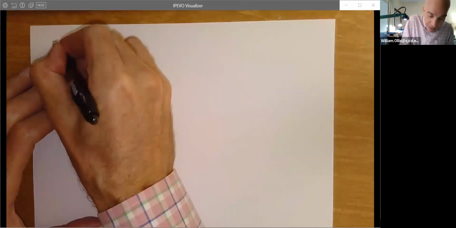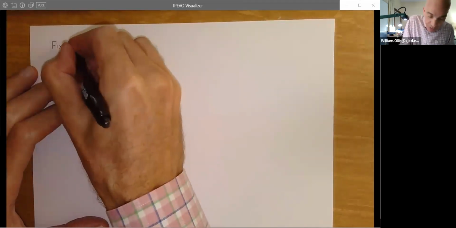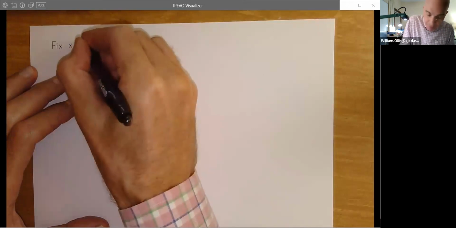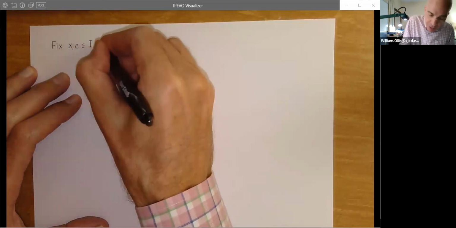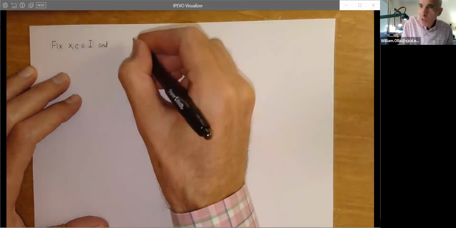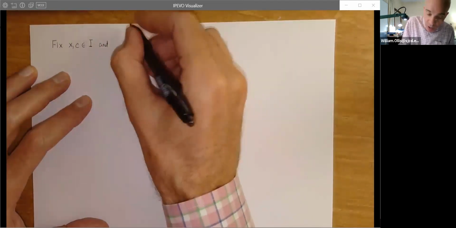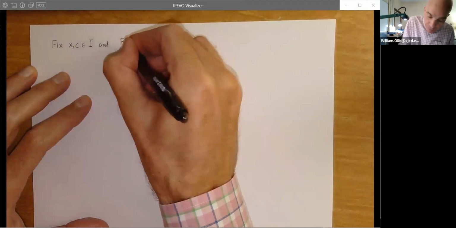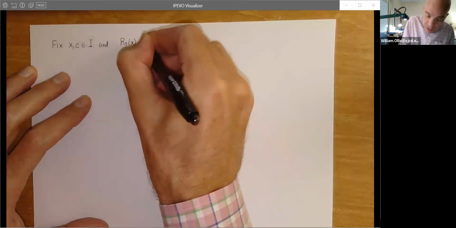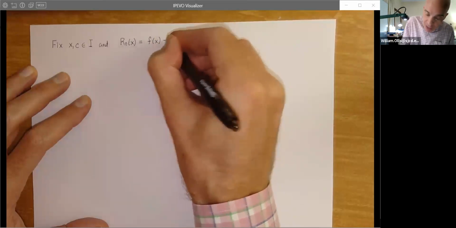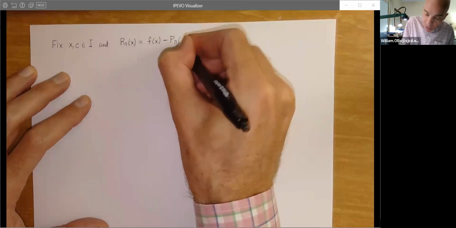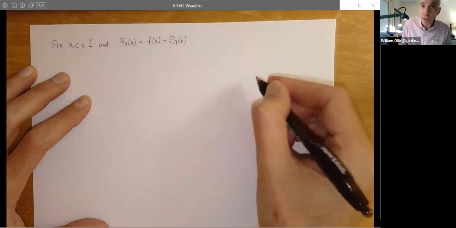So we have, I'll start this argument, fix x and c in the interval a to b, which we call I. And now that we know what the polynomial looks like, we're going to say that the remainder is just equal to the function f of x minus this polynomial that we determined just now what it has to look like.